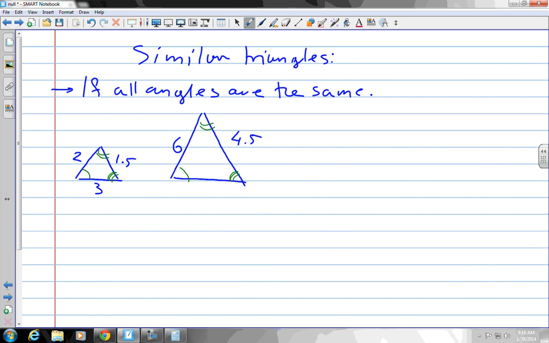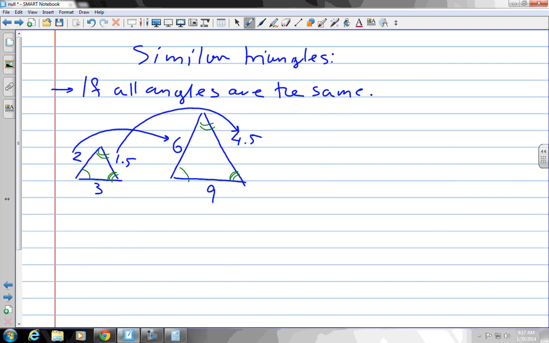If I look at the first triangle and see the side 2 and then the side 6, it looks like the second triangle is 3 times as big as the first. And that remains true for the other side, 1.5 and 4.5. So can you take a guess, what is that missing side on the second triangle? 9, right? Because it has to be 3 times as big.